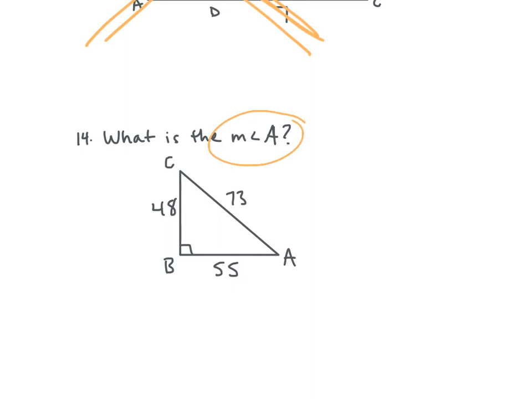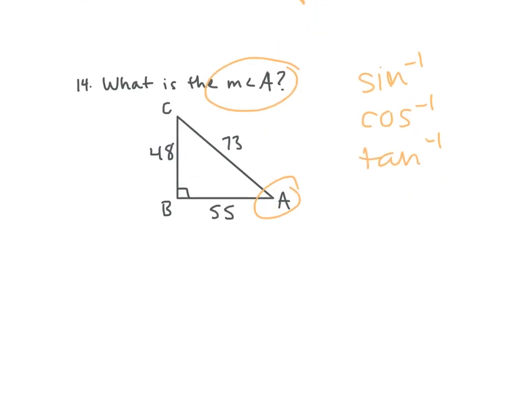What's that button on the calculator we need to click when we're looking for the measure? The inverse. So we do either sine -1, cosine -1, or tan -1. In this problem, all 3 side lengths are given, so we could do sine, cosine, or tangent, whichever we prefer. So which one do you guys want to use? Let's do tangent. So tan -1 of, what's tangent?